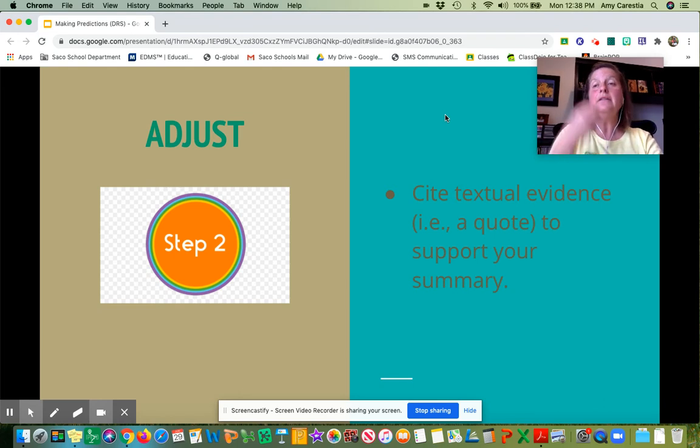You would say the main character Scrooge was very joyful at the end of the novel. And you would have to have a quote that shows that. And there's all kinds of quotes, and I'm not going to get into that. But it could be one sentence where the character is exclaiming his joy. That's how you support your summary. This is showing me the textual evidence that proves that your summary of what happened during the reading is actually true. It sounds so much more than it really is.